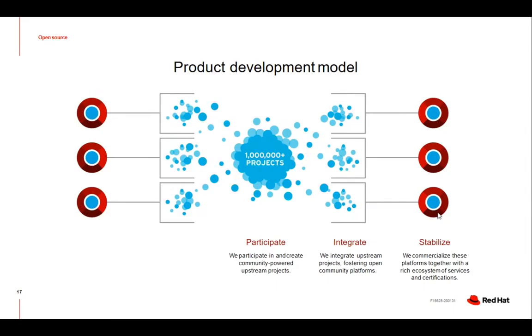This is the way Red Hat completely adopts open source technologies to make sure that these kind of exciting innovative projects of open source are actually converted into full-fledged enterprise products fit for use and fit for purpose. Okay, so this is where you see the contribution of Red Hat.